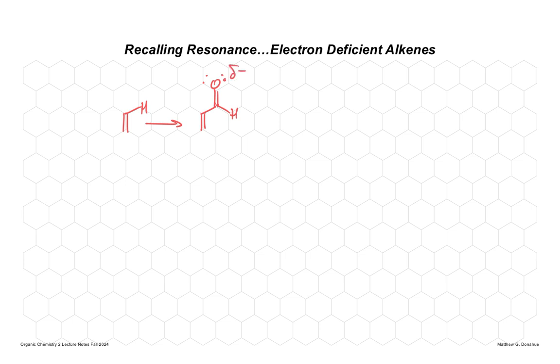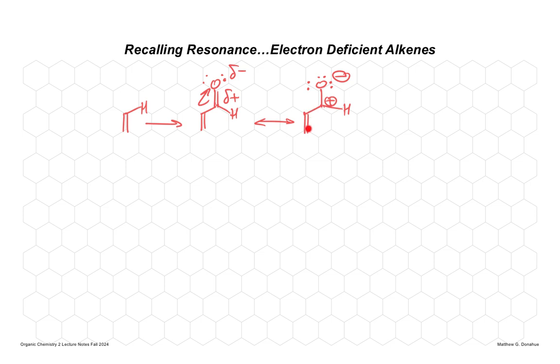We know that oxygen's delta minus, carbon's delta plus, just based on differences in electronegativity. And we have a pi bond between carbon and oxygen, so we can draw a resonance form.